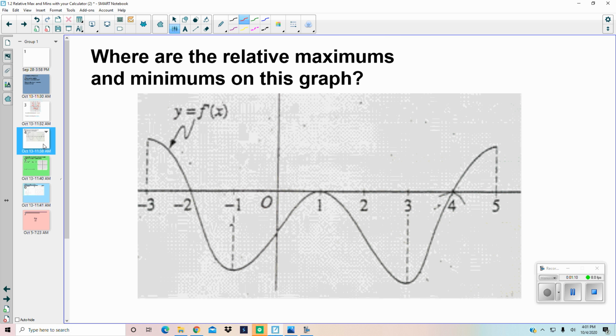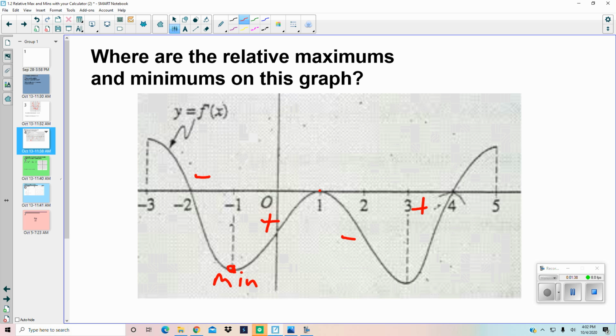When I look at this graph, there's several maximums and minimums, okay, relative to where the slope is increasing and decreasing. So what I have is a negative slope here, goes back positive, negative, back to positive. So where it went from negative to positive, that's a minimum.